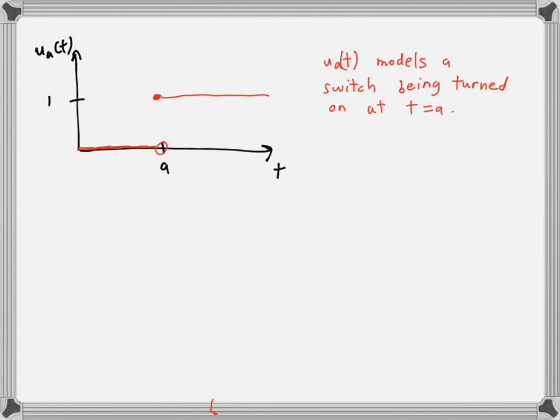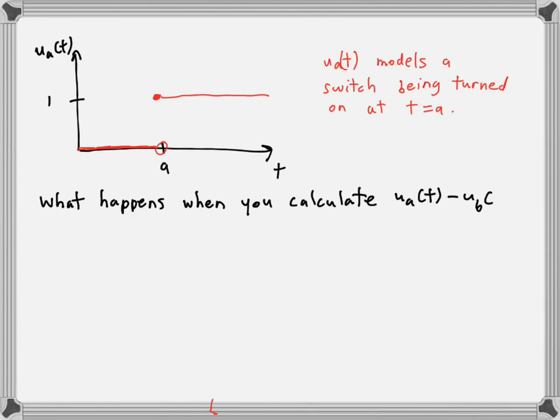But to do this, first, I want us to see what happens when you subtract two of them. So what happens when you calculate u_a(t) minus u_b(t) for a smaller than b?